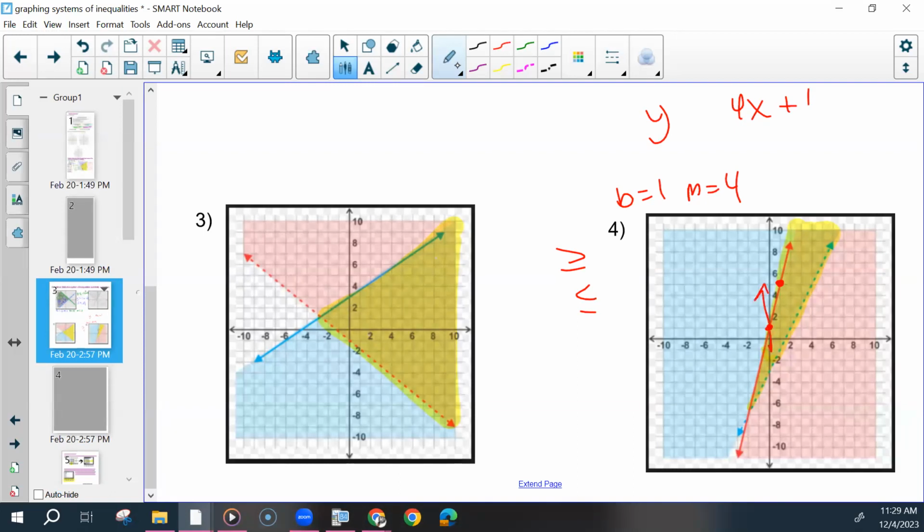Up here or down here? So for the red line, this would be shaded underneath it, not above it. But that would be below. The y is less than or equal to 4x plus 1.